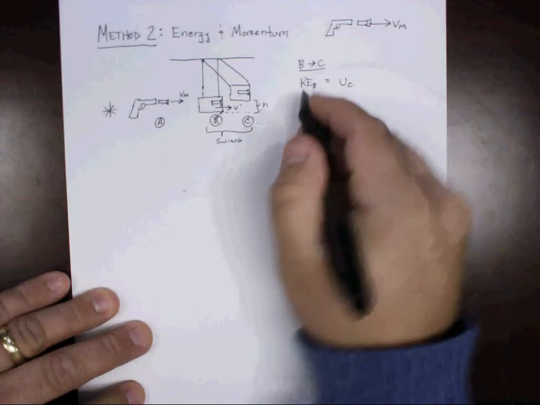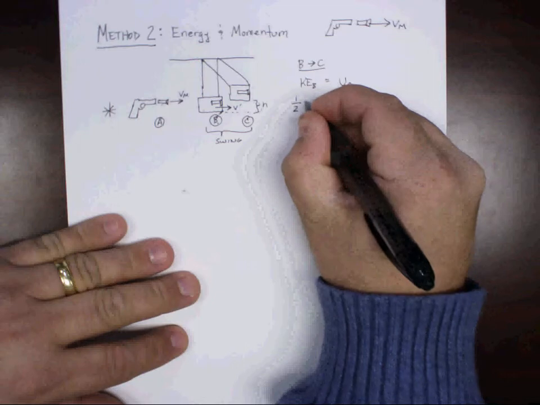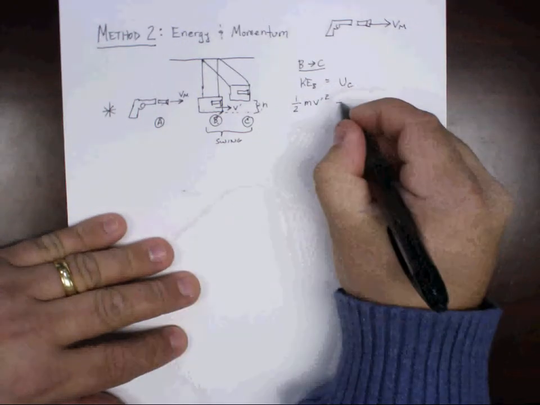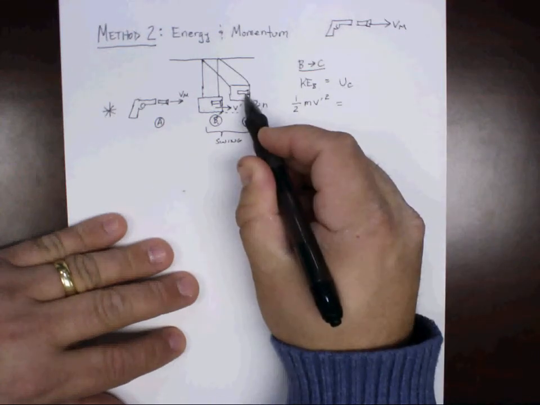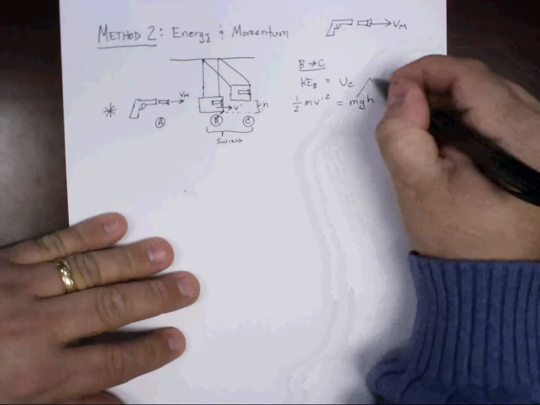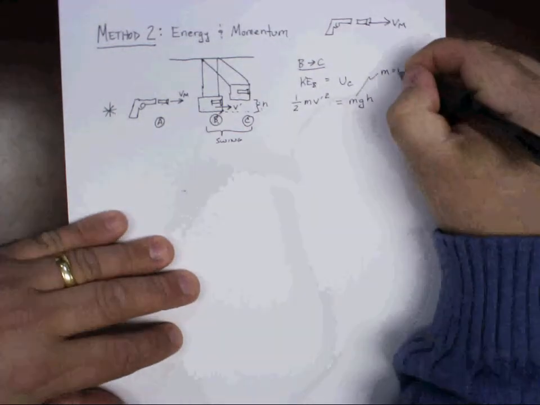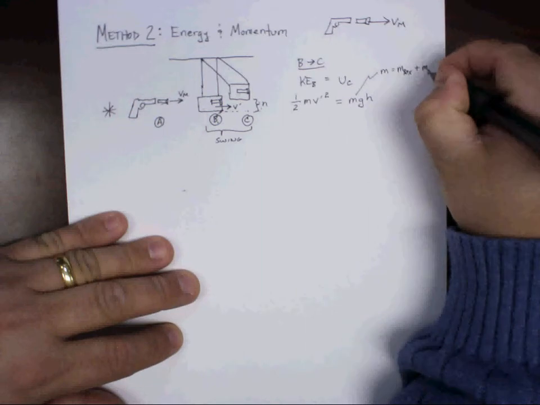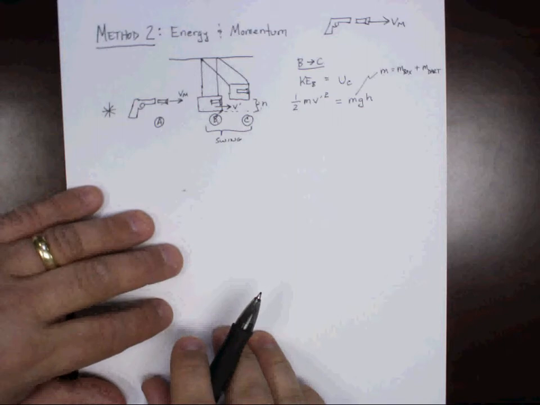Make sense? Now, what kind of energy does this have at B? Kinetic. The box is moving with the dart. There's kinetic energy. So the kinetic energy at B will equal, what kind of energy does it have at C? Potential energy. What's the formula for kinetic energy? 1/2 mv prime squared equals, what kind of energy does it have at C? You said potential.